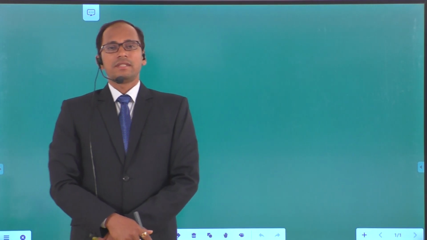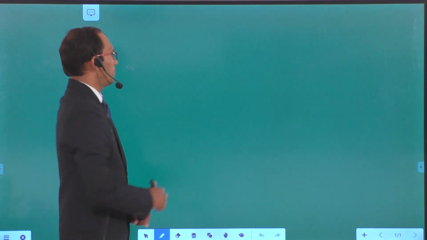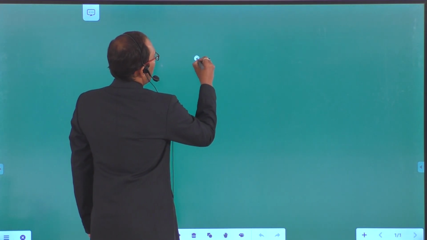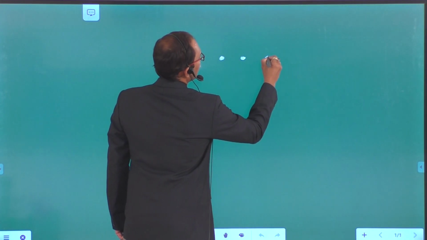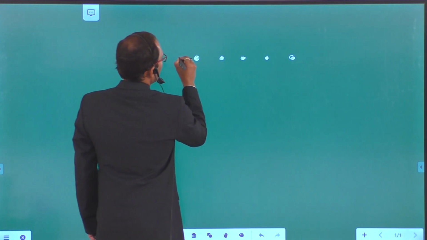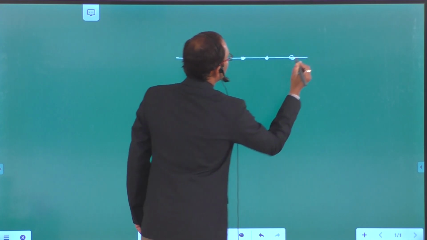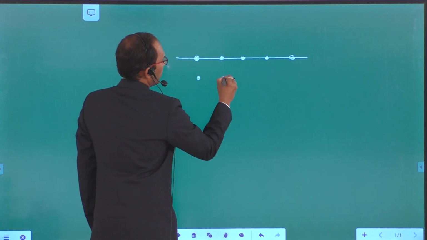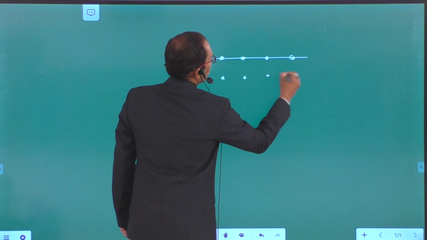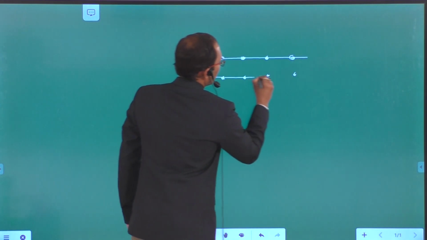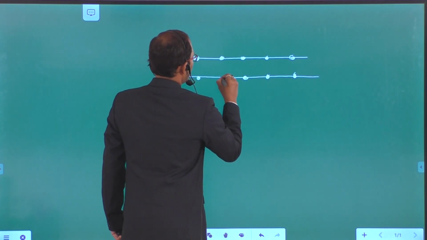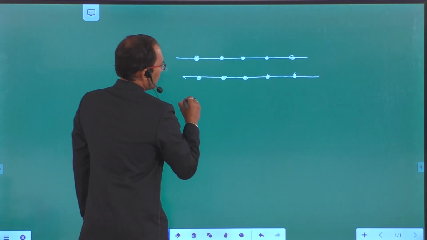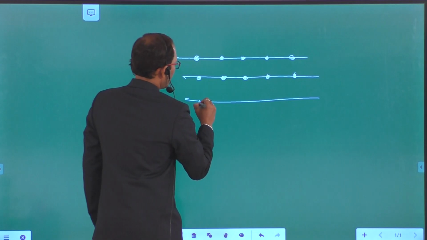Now I just want to draw the same thing. If you take atoms as points like this, this is one plane and another plane is also here, these are all atomic planes, I am just representing them like this. And there is another parallel plane here.